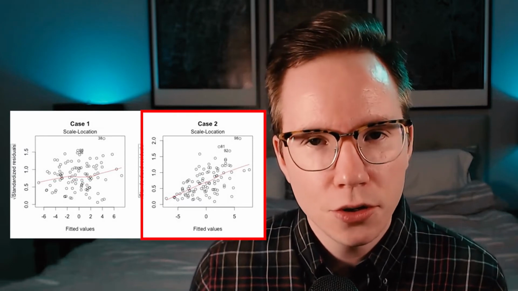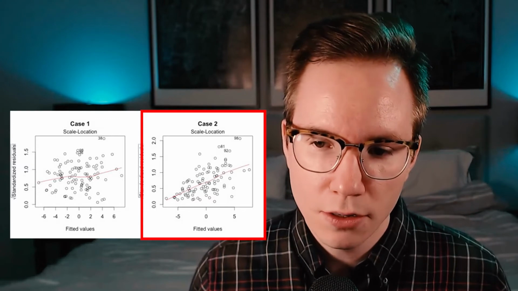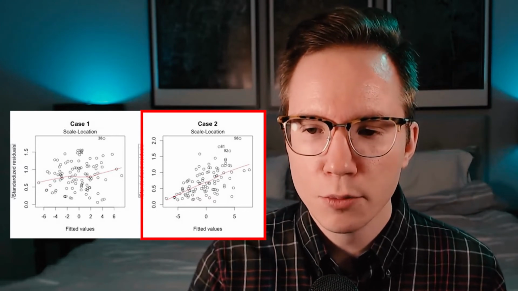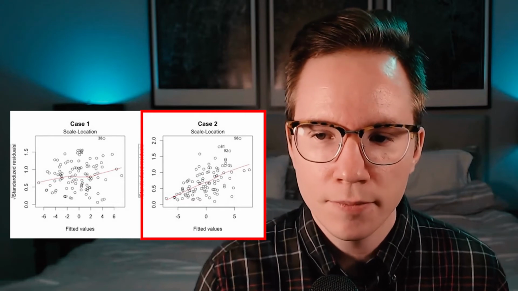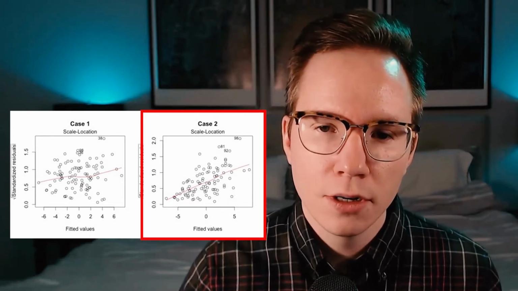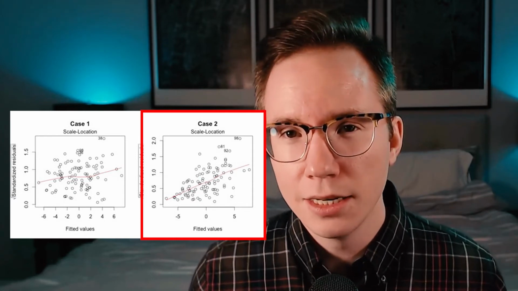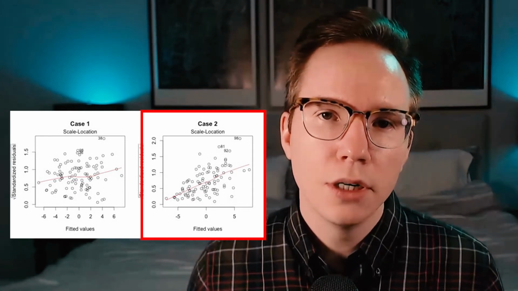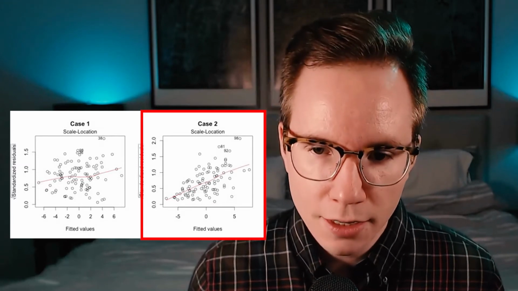Whereas in case 2, you have a red line that's not horizontal, and you can see that there is more clustering on the left side of the red line, and it sort of fans out toward the right side of the red line. So you can see in case 2, that would break the assumption of homoscedasticity, whereas case 1 is fine.